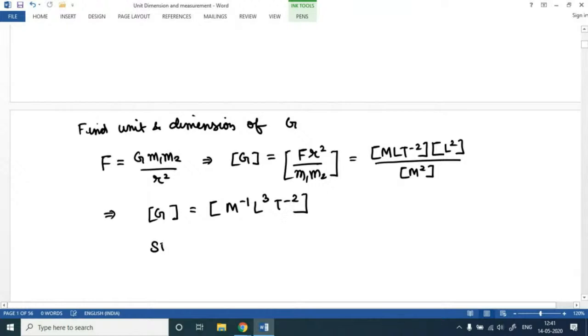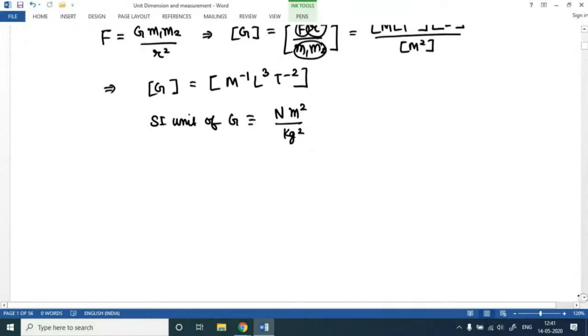And obviously the SI unit of G will be same as: unit of force would be Newton, unit of r square would be meter square, and unit of m1 m2 would be kg square. So Newton meter square per kg square.